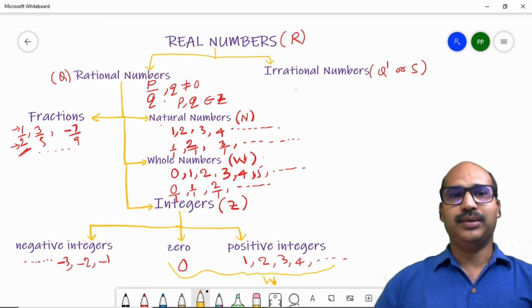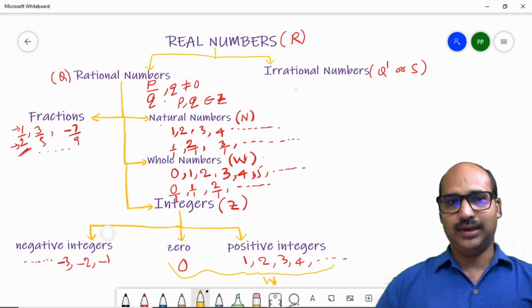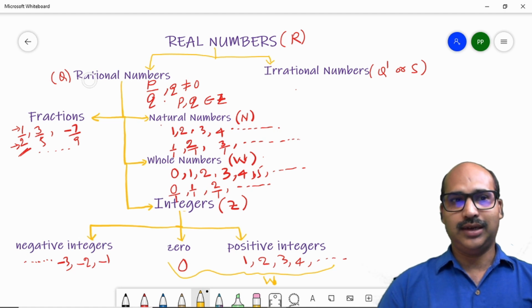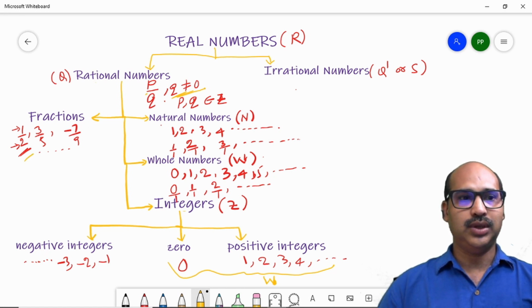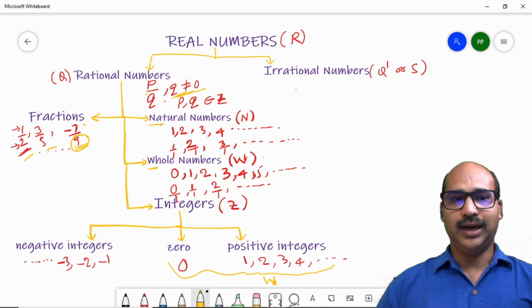So what we understand from this diagram: rational numbers are in the form of P by Q, where the denominator Q is not equal to 0. Rational numbers are like fractions 1 by 2, 3 by 5, minus 7 by 9, and everywhere these are in the form of P by Q. Rational numbers are categorized as fractions, natural numbers, whole numbers, and integers.